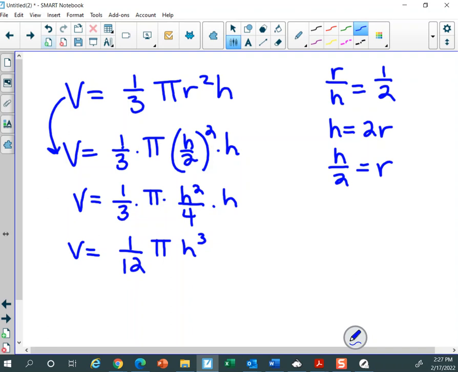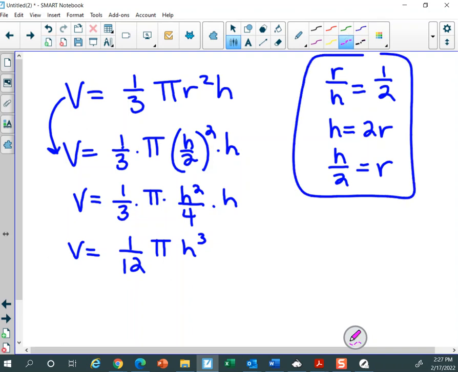So however much water's in that cone, whatever point I stop, the height and the radius of the circular surface are in this ratio. The radius to the height is going to be in a ratio of 1 to 2. In this cone, please do not memorize this and then use it on another cone problem, because I could give you a totally different cone that's big and short and has a different ratio between radius and height.